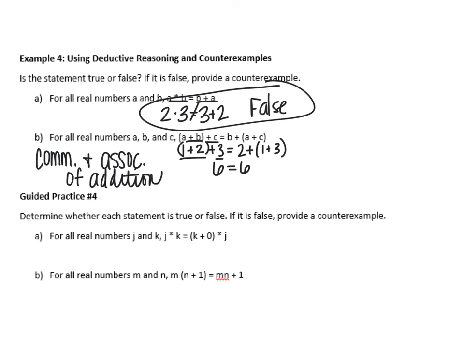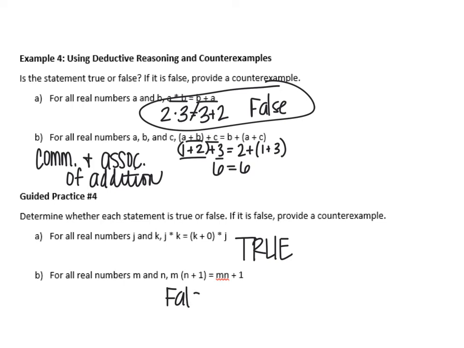Okay, guided practice number 4. I want you to pause the video and try these on your own, and then I'll show you the answer in just a second. Alright, that's going to be true because that is the additive identity, and then B is going to be false.